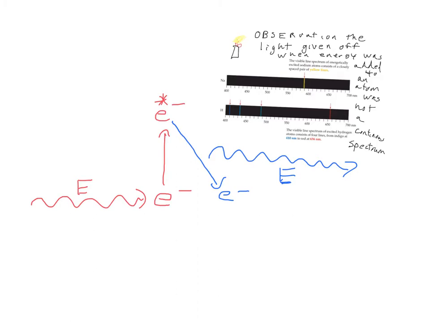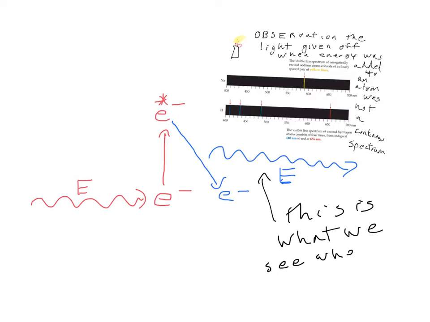This is the light we observe when we look at a line spectrum. It's this re-emitted light by the electron falling back to a lower energy state that we observe when we look at the line spectrum of an atom.